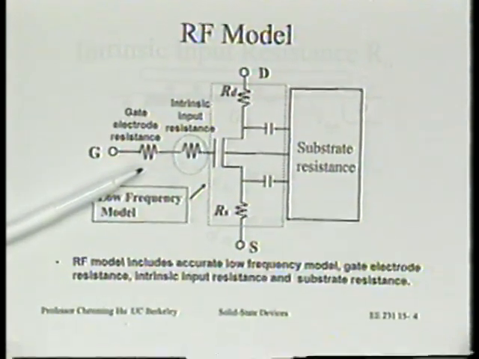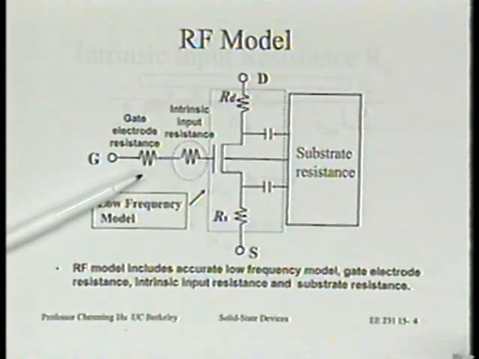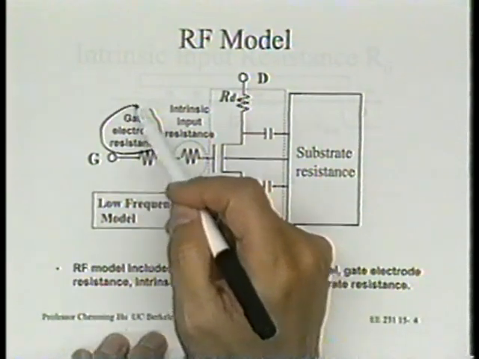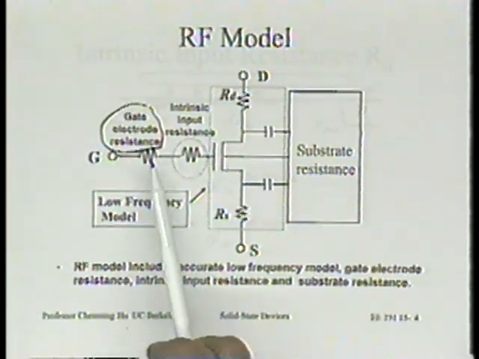Now, what's interesting about this is that it's easy for people to see that there's resistance in the gate because the gate electrode has resistance. It doesn't matter whether you use polysilicon as the gate or silicided polysilicon as a gate, there's always going to be some resistance in the gate electrode, right? So it's very easy to see you should include that.